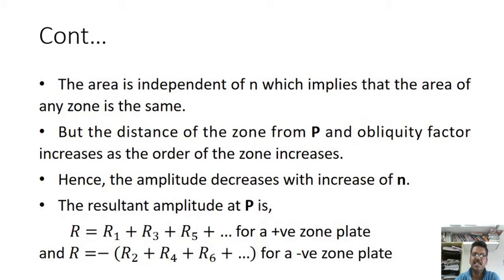But the distance of the zone from P and the obliquity factor increase as the order of the zone increases. Hence, the amplitude decreases with increasing n. The resultant amplitude at P is R equal to R1 plus R3 plus R5 of the positive zones, which are only the odd numbers, minus R2 plus R4 plus R6 of the negative zones, only the even numbers.